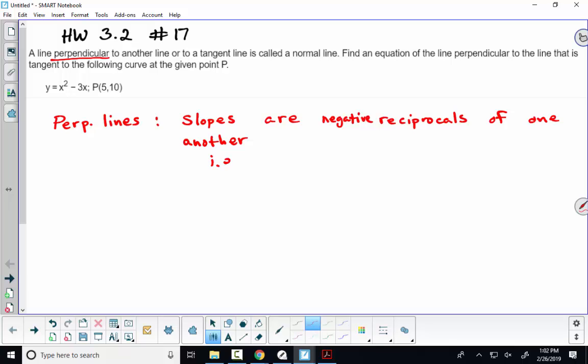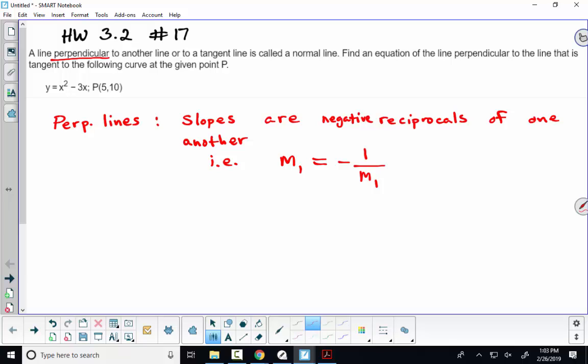That is, two lines are perpendicular if the slope of line 1 is the negative, -1 over the slope. Do you remember that vaguely?